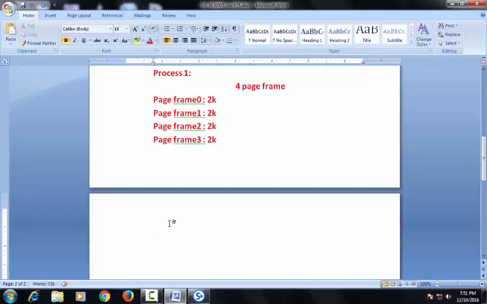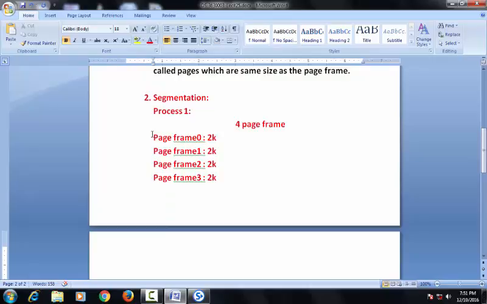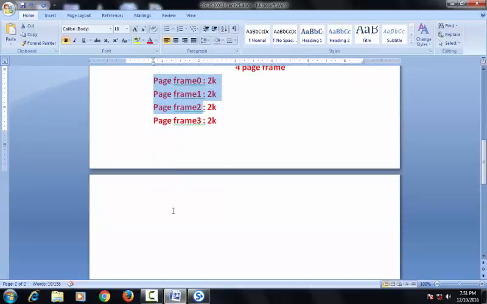In the same way, we divide a program into a number of smaller blocks. Here we are not dividing a process, we are dividing a complete program into a number of smaller blocks called segments. This is the difference between pages and segments. Pages are small chunks of a process, whereas a segment is a small chunk of a program, each of which is allocated to memory independently.